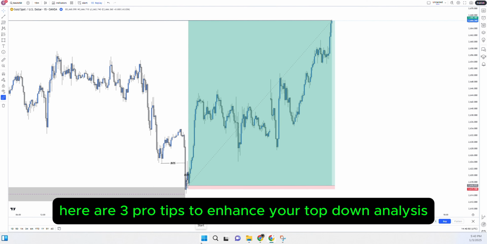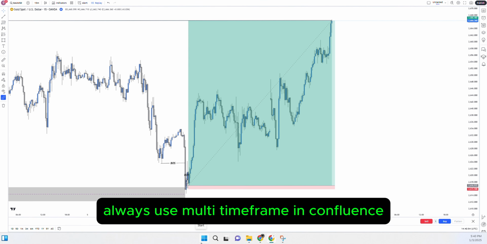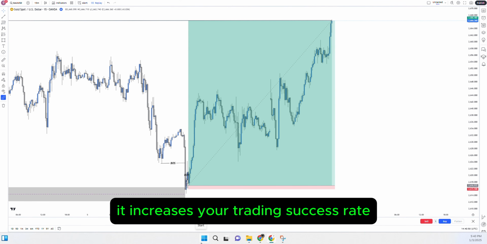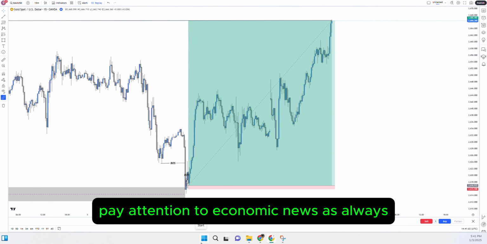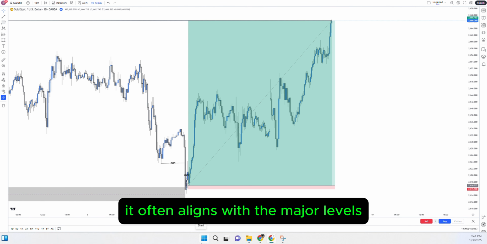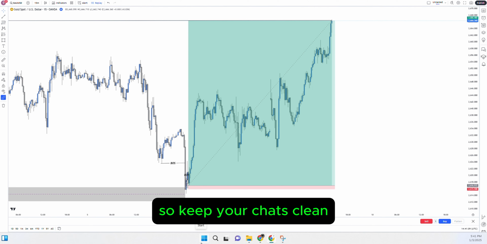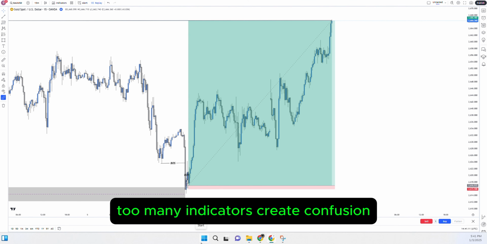Here are 3 pro tips to enhance your top-down analysis. Always use multi-timeframe confluence. It increases your trading success rate. Pay attention to economic news, as it often aligns with the major levels. And keep your charts clean. Too many indicators create confusion.